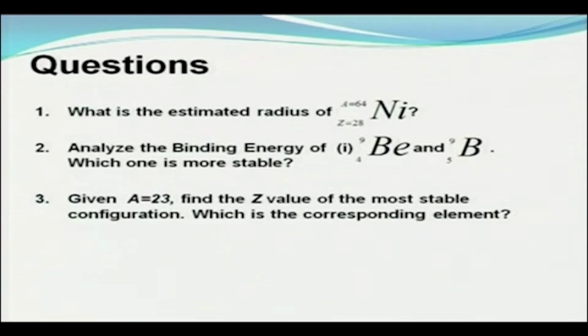Take nickel with mass number 64 and atomic number Z equal to 28. In this and in the lectures that follow, in all our discussions in this course, we will denote an atomic nucleus in this fashion. We will take the symbol that usually represents the element, here it is nickel for example, and put the atomic number as a subscript on the left side and the mass number as a superscript on the left side.